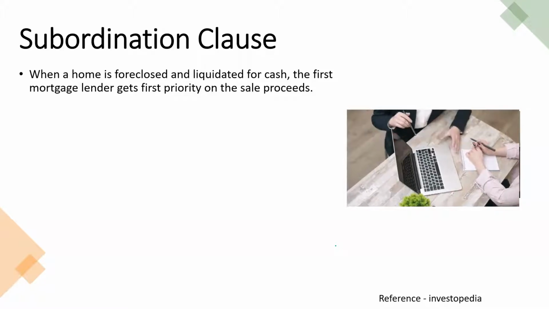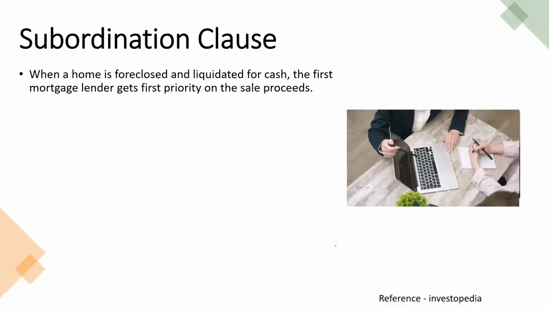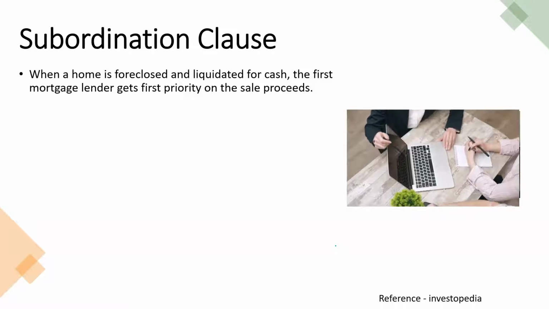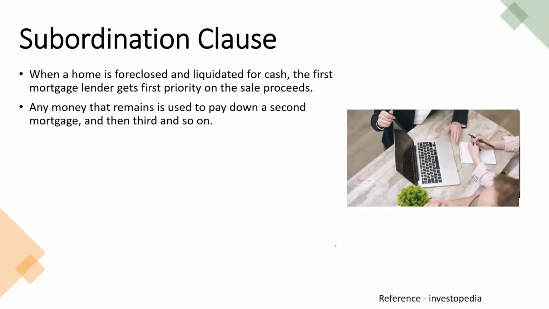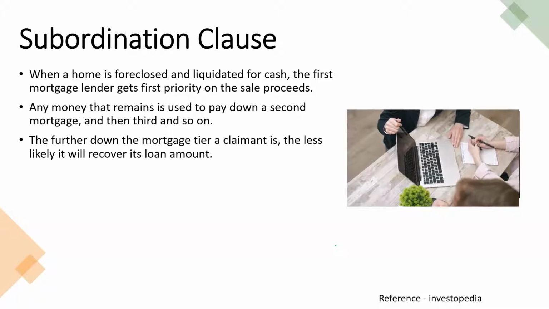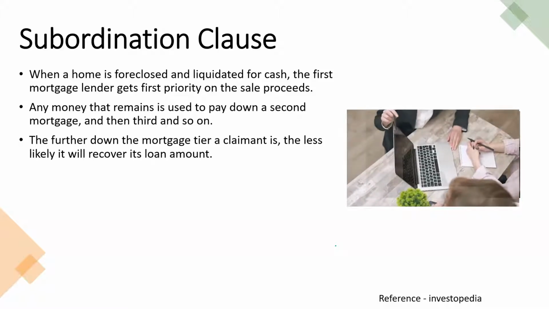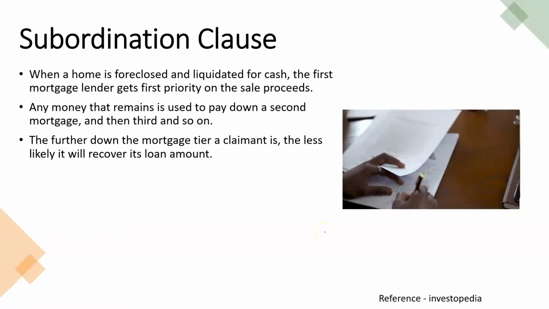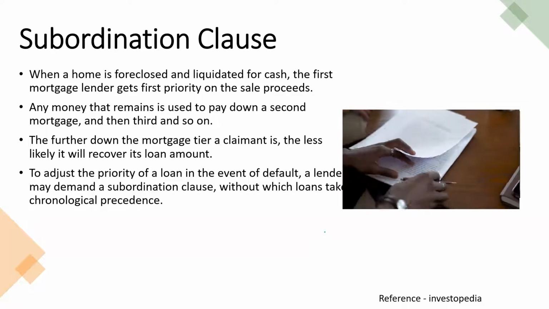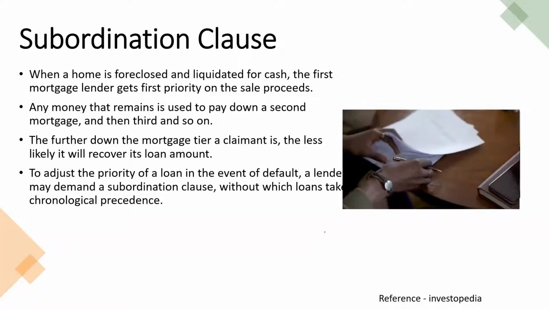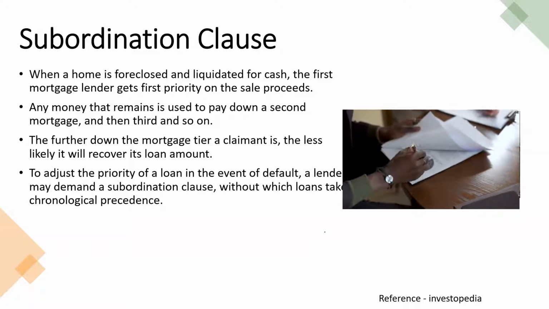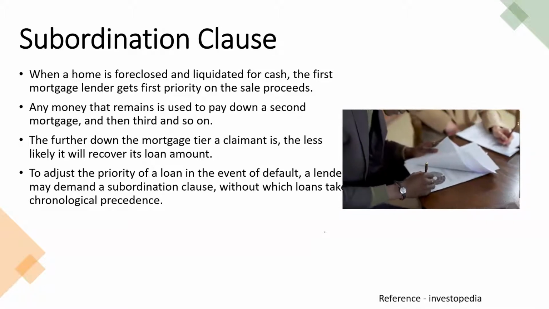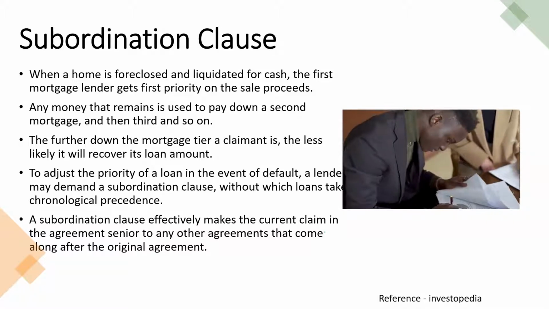When a home is foreclosed and liquidated for cash, the first mortgage lender gets first priority on the sale proceeds. Any money that remains is used to pay down a second mortgage and then the third and so on. The further down the mortgage tier a claimant is, the less likely it will recover its loan amount. To adjust the priority of a loan in the event of default, a lender may demand a subordination clause, without which loans take chronological precedence.